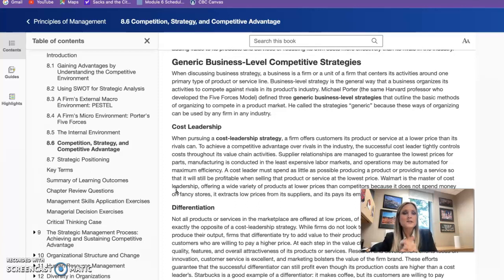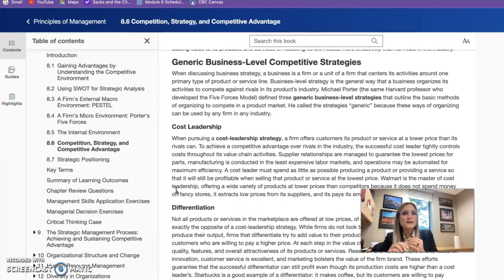It talks about your cost leadership strategies. This is when a firm can offer customers a product or service at a lower price than rivals can. What are some organizations you think of when you hear cost leadership? I think your book even mentions Aldi, which is a no-frills grocery store. We have a Trader Joe's in Little Rock, and we actually have an Aldi coming.